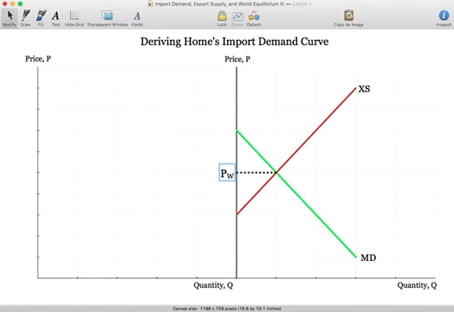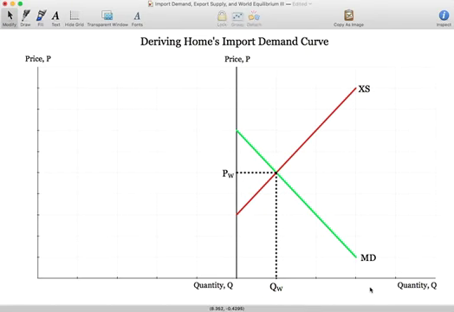Change the font of that. And here's going to be the equilibrium quantity exchanged in the world. So that is going to be QW. And again, we make sure that the fonts are equivalent to one another.